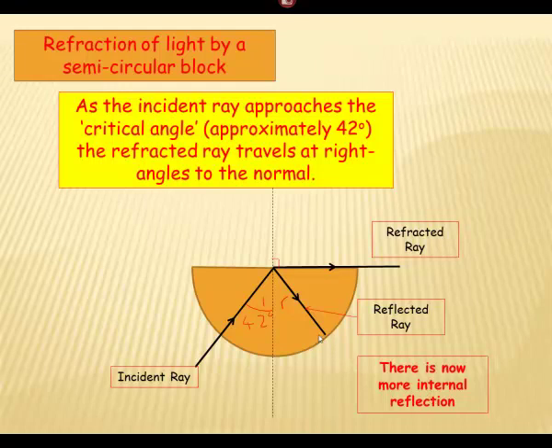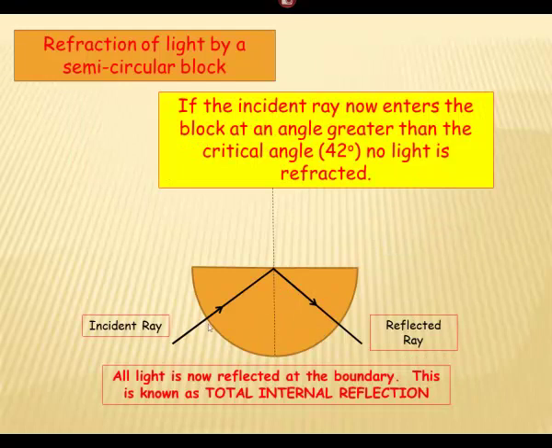This becomes more obvious. What then happens if we increase the incident ray even more? Well, look at this. The incident ray coming in, this angle here is greater than 42 degrees. And what happens is we get no refraction at all. We only get reflection.